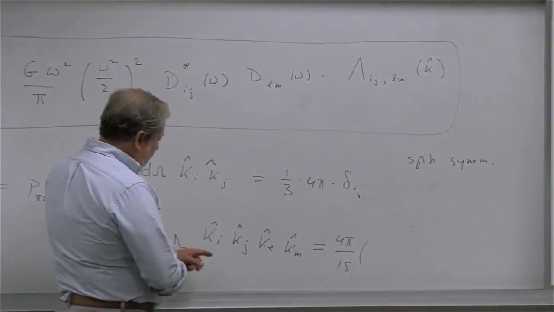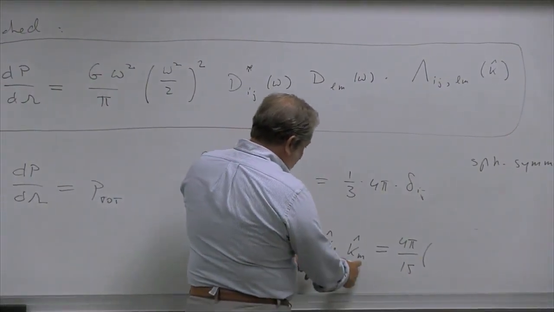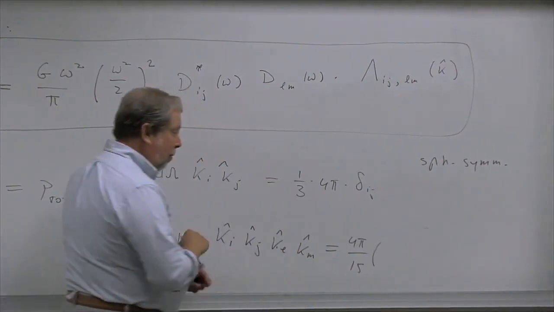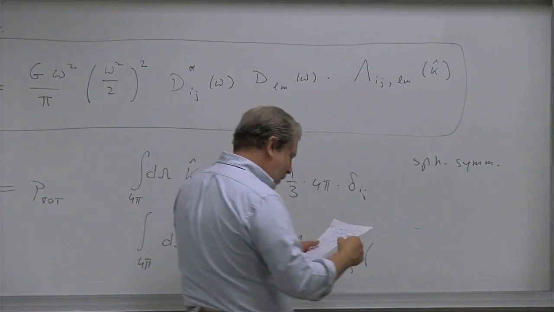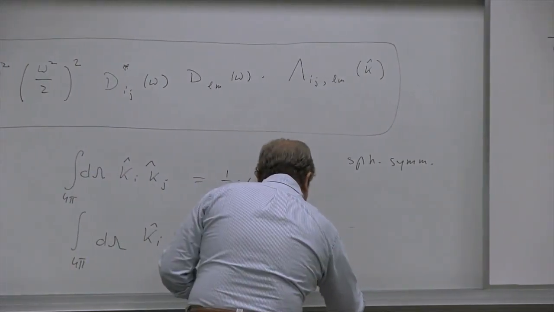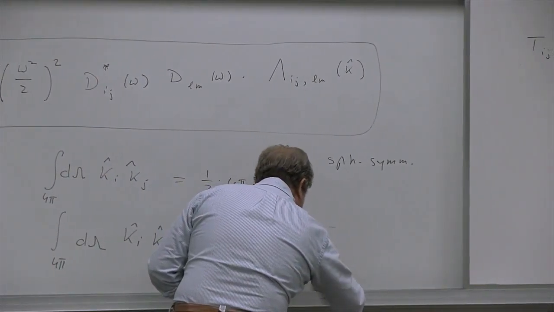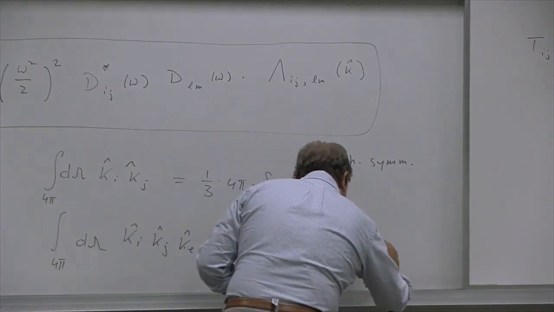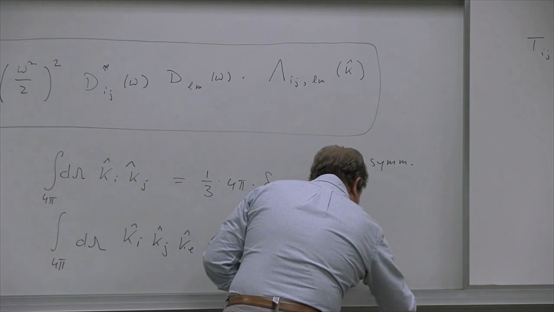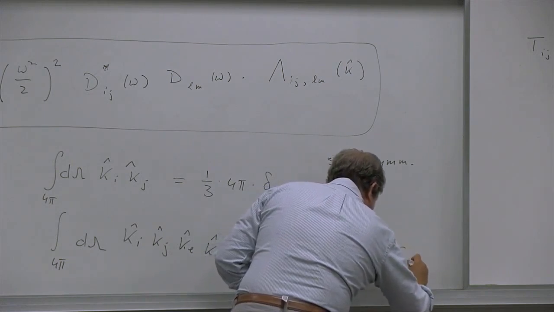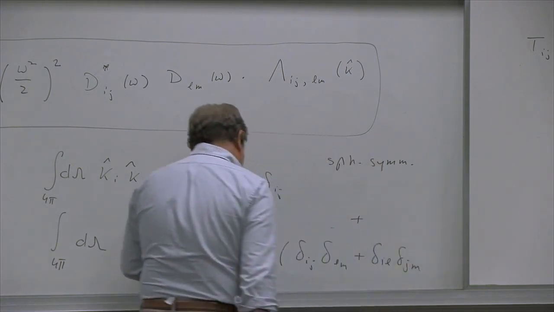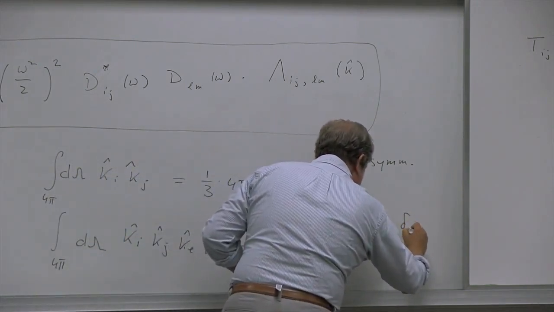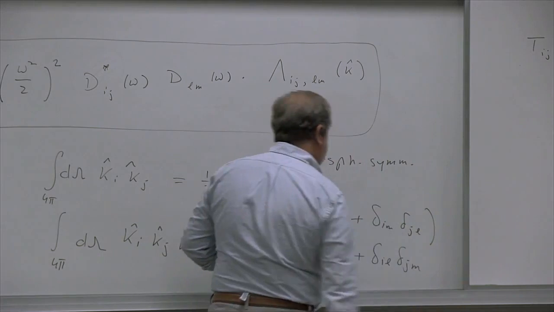So the various possibilities are that i is equal to j and l is equal to m, or i is equal to l and j equal to m, or finally the third remaining combination. So there's three Kronecker deltas. So this is delta ij delta lm, plus delta il delta jm, and then the remaining part, which is delta im delta jl, close parenthesis.